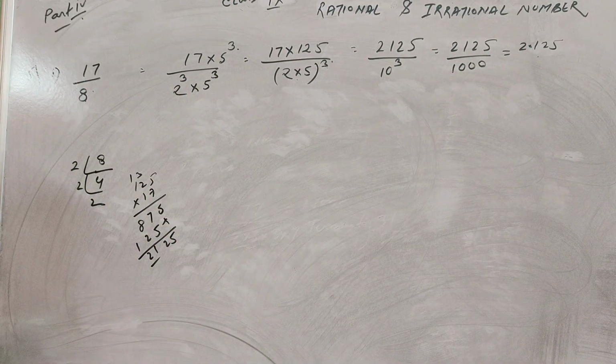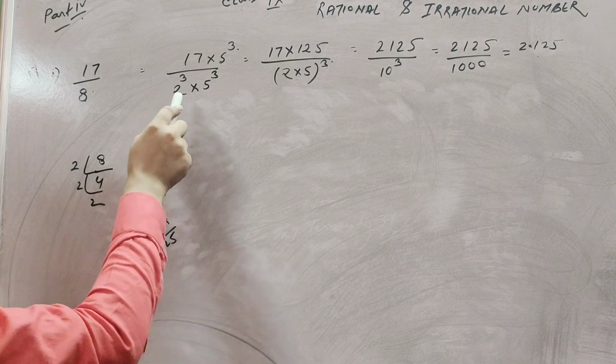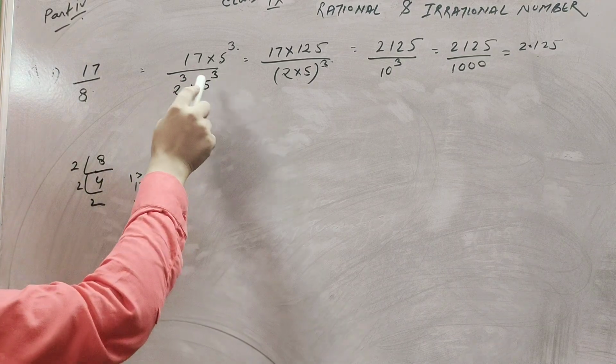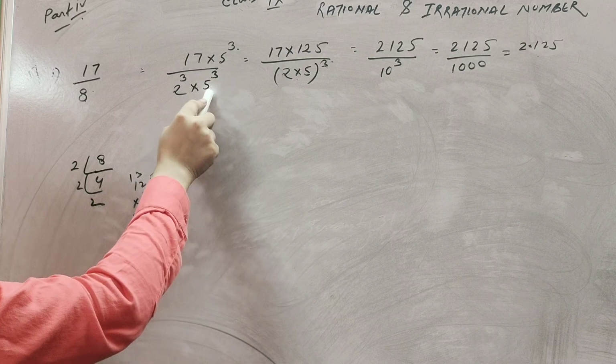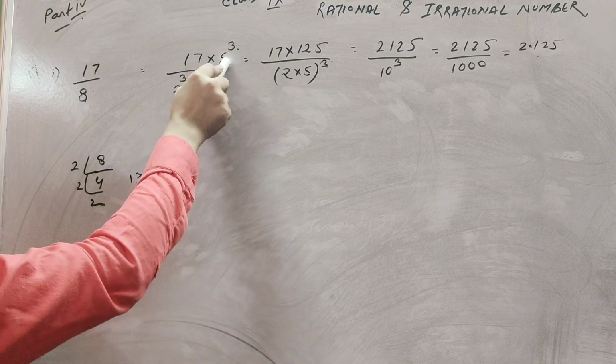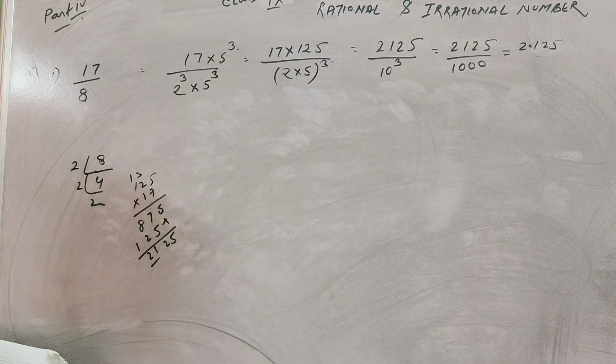Easy. First of all, you factorize this portion and multiply the denominator with the same power. If the denominator is multiplied by 5 cube, then the numerator is also multiplied by 5 cube, then you do this.